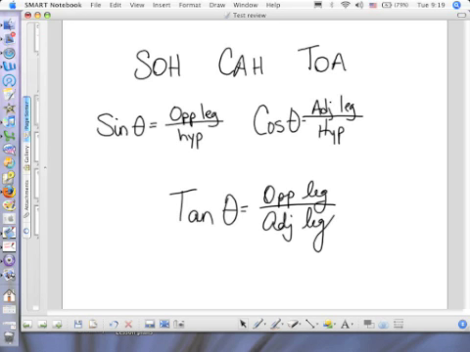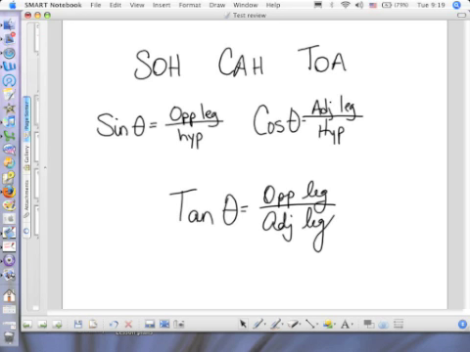All right, and then this. Sine, cosine, and tangent. SOHCAHTOA. Meant to help you remember what goes together. Remember, sine and cosine both deal with the hypotenuse.